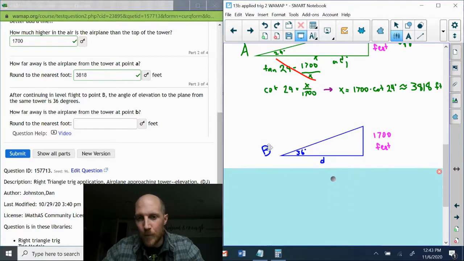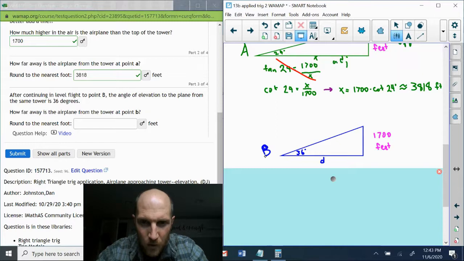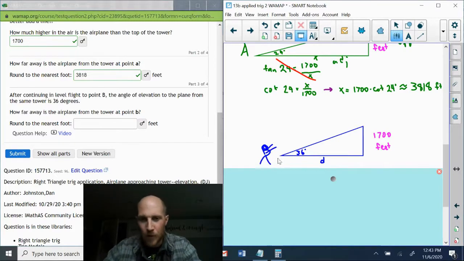Okay, so here's point B, and again, I'll modify this letter into a stick person somehow. It's a head and a beer belly or something. Anyway, there's a stick person. This was maybe not the best idea. I should have just drawn a stick person.